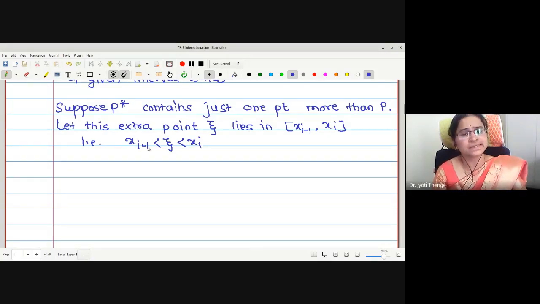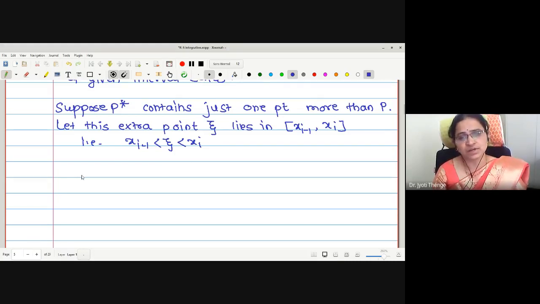Why are we considering strictly less? Because if we consider less than or equal as the inequalities, then zeta may coincide with x(i minus 1) or it may coincide with xi. But if it coincides with one of the end points of this ith subinterval, then this could not be an extra point as we have considered for the refinement. Therefore, we are considering strictly that the point zeta lies between x(i minus 1) and xi.